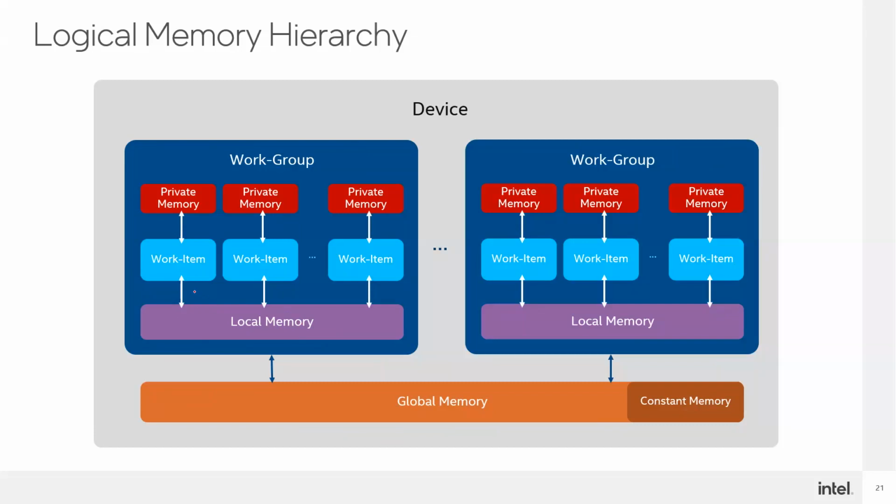And this shared local memory allows you to optimize the usage of memory, because by doing that you avoid going to the external global memory. So as usual in any memory hierarchy, there is a fastest and smallest private memory, there is a larger but still limited memory shared across work items, and there is a global memory, right?